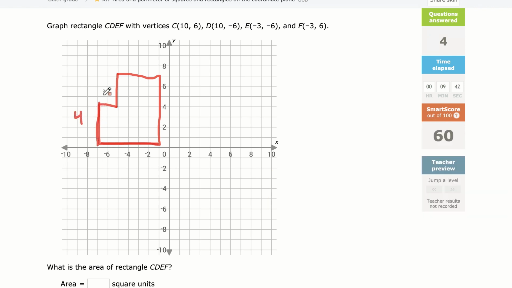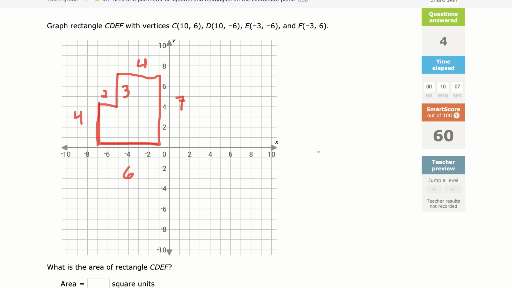And then this little piece here is 2. And then this side here is 3. And then across here is 4. And then down here, 1, 2, 3, 4, 5, 6, 7. And then across here is 1, 2, 3, 4, 5, 6. So you would have to add all of those numbers to get the perimeter, but it's the same concept.